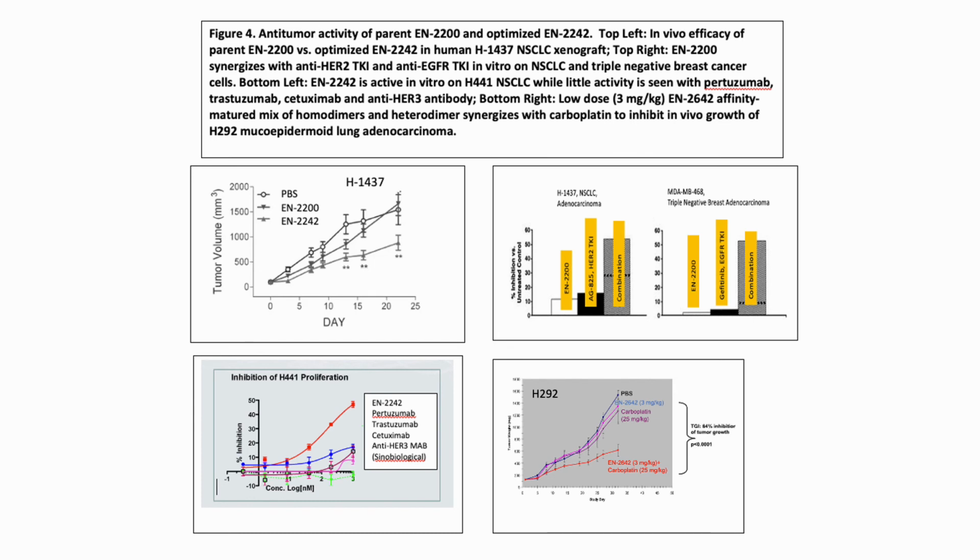The bottom right is another xenograft model called H292, another non-small cell lung cancer, where we look at whether or not a combination of EN2642, which is the oligomeric mixture of ligand traps, the homodimers and the heterodimer together, and we asked whether or not these proteins can synergize with carboplatin to inhibit the growth of lung cancer cells.